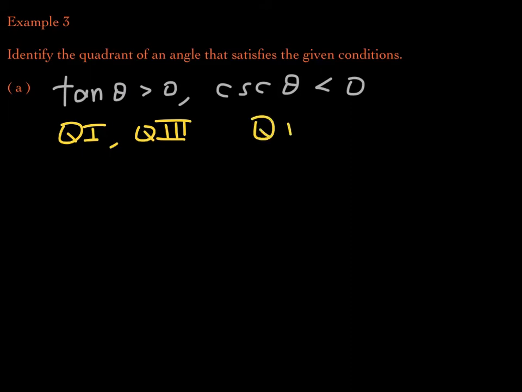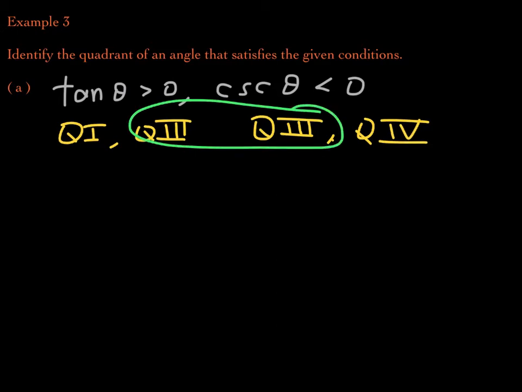So those are your options for that condition. Then what I do at this point is just figure out what they have in common. Oh, the quadrant must be quadrant 3. Quadrant 3 must be the quadrant of this angle, theta, in order for tangent to be positive and cosecant to be negative. So quadrant 3 is the answer.